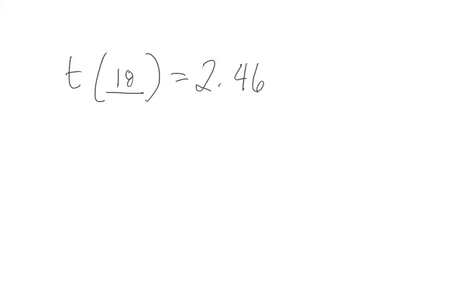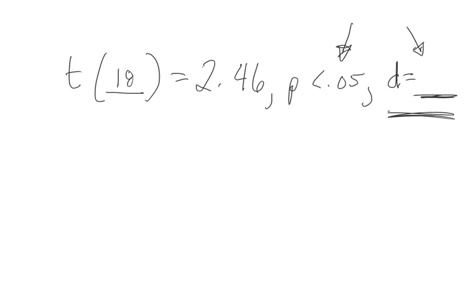That's the result of your t-test. Again, wait for the next video. Then it'll say p less than 0.05, or it'll give you the exact p value. And then it'll say d equal to and give you some value. This is your statistical significance. After the p-value, whatever it is, is your effect size.